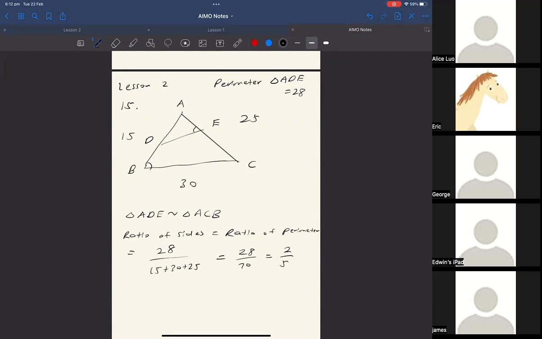Hopefully you guys have found out that the ratio of the sides is equal to the ratio of perimeter, which is 2/5.